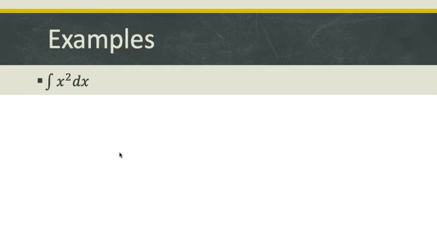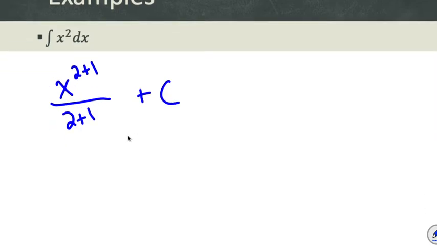Okay, so let's do a couple of examples here. So the integral of x squared dx. Now, what we need to do is, first of all, add 1 to our exponent. So 2 plus 1, and then we will divide by that number, plus some constant that may or may not be there. Your constant could be 0, okay? So it may or may not be there.